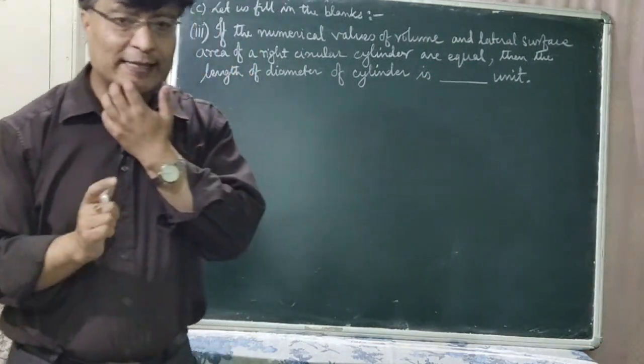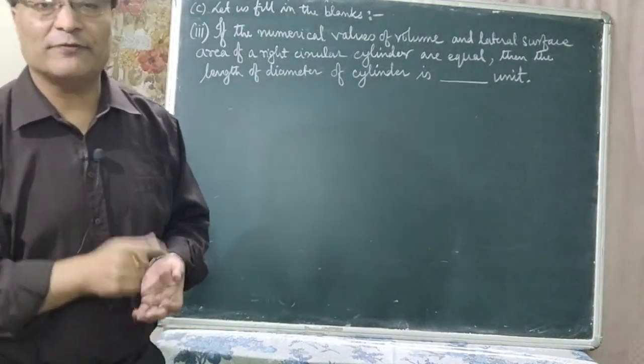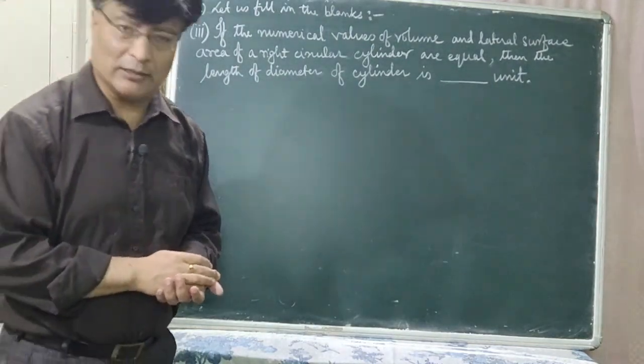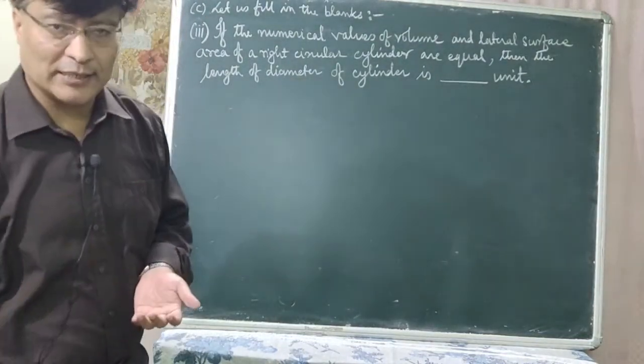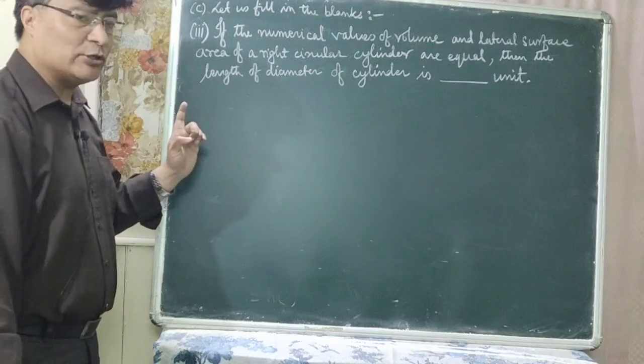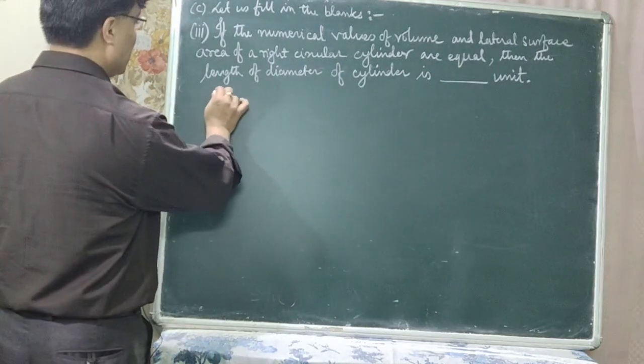Okay, so here what is given? Volume is equal to lateral surface area of the right circular cylinder. So you have to find out the diameter of the cylinder. Okay, so let us assume the height and the radius of the circular cylinder.